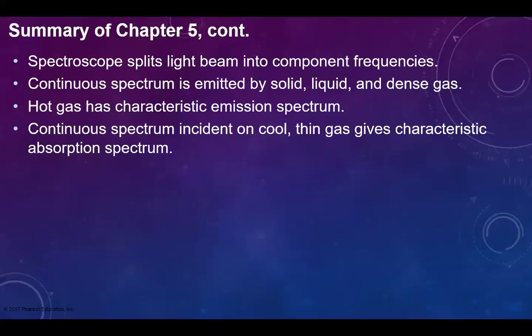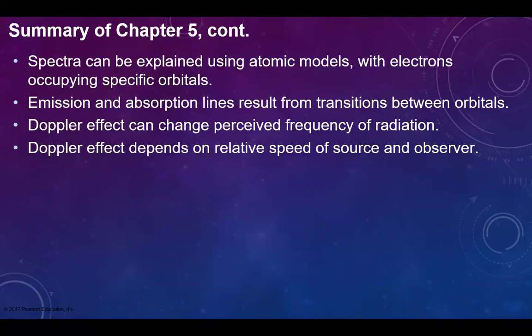A continuous spectrum is emitted by solids, liquids, and dense gas. Hot gas has a characteristic emission spectrum, and a continuous spectrum incident on a cool, thin gas gives you an absorption spectrum. Spectra can be explained using atomic models with electrons occupying specific orbitals, and emission and absorption lines result from transitions between these orbitals. The Doppler effect can change the perceived frequency of radiation, and it depends on the relative speed of the source and the observer.